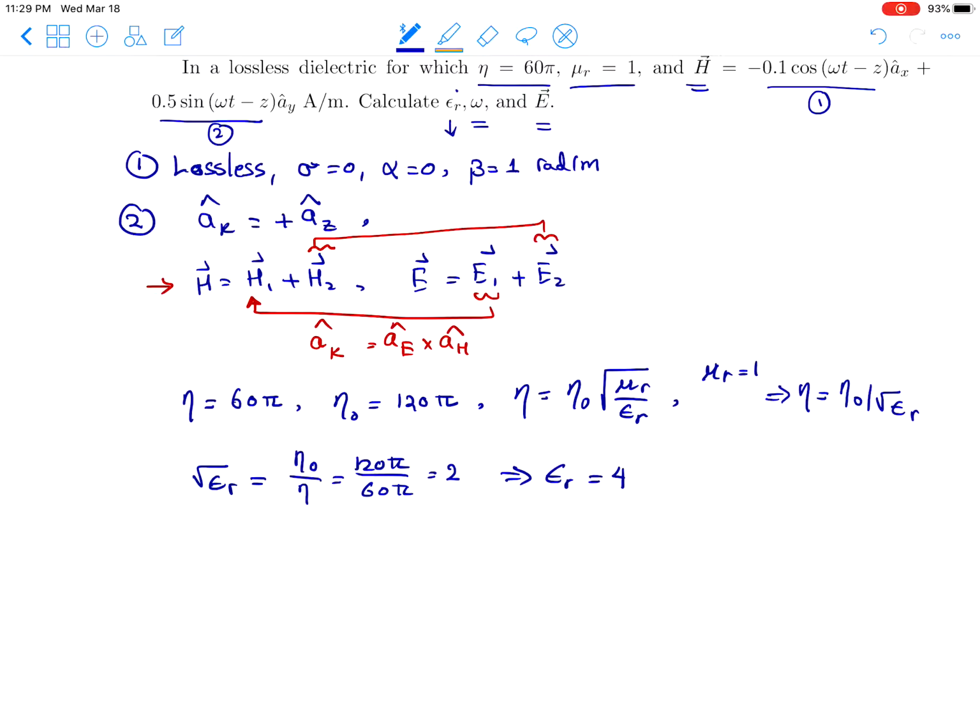Now, to determine the angular frequency, we know that beta is omega divided by the wave velocity, since this is not free space.